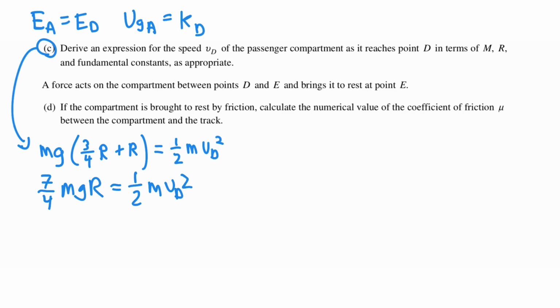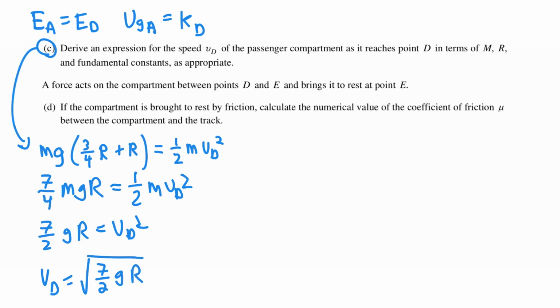If we multiply both sides by 2 and divide by m on both sides, because the m's will cancel, 7/2 gr is equal to Vd squared, which means finally if we solve for Vd, the velocity at point D is the square root of 7/2 gr. And I think that is a correct answer for part C.